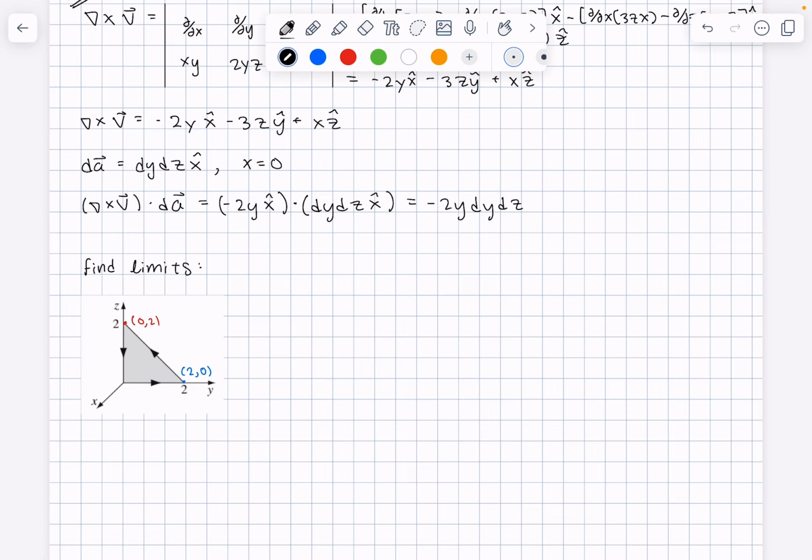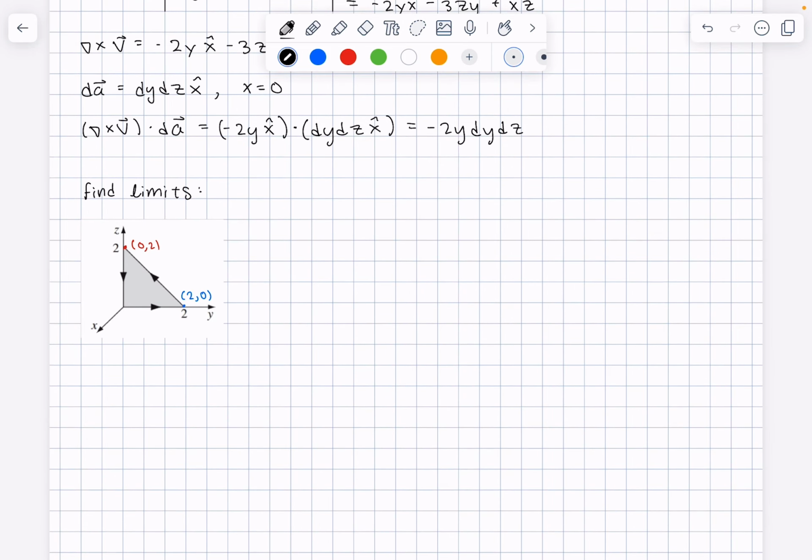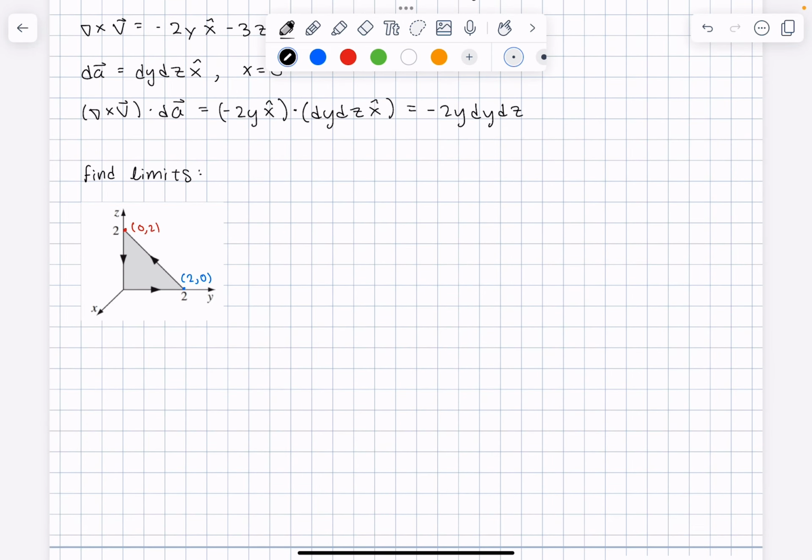Now that we have that, we need to find our limits for this integration. So we can let y go from 0 to 2.